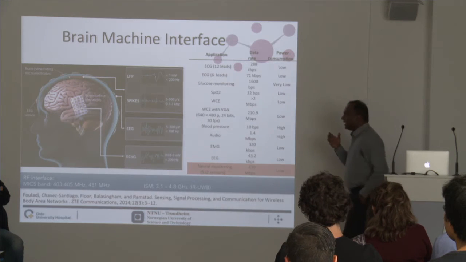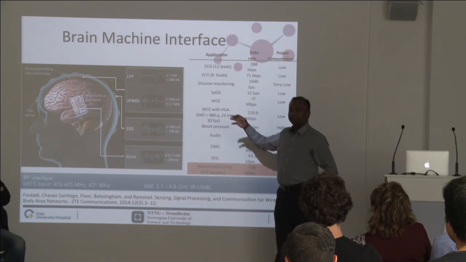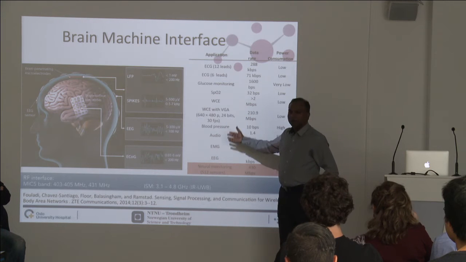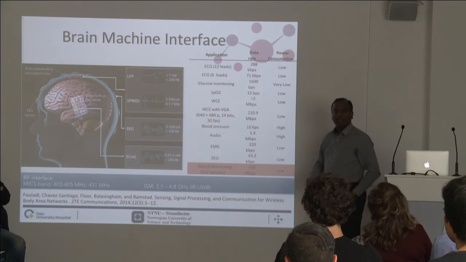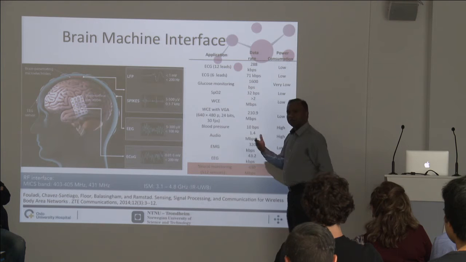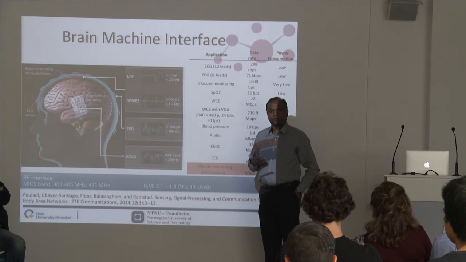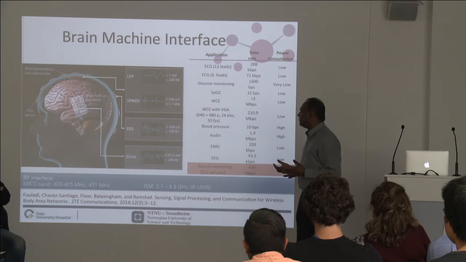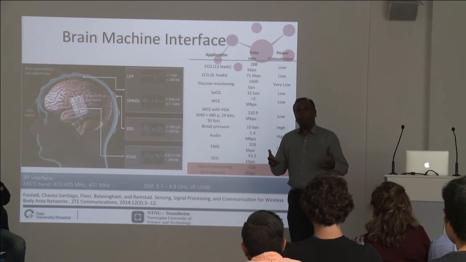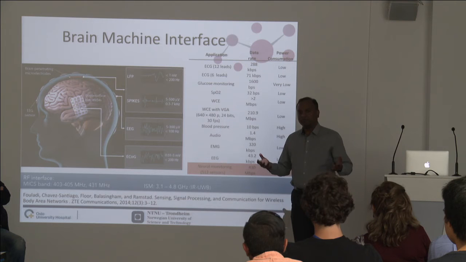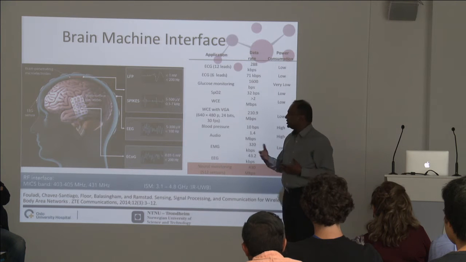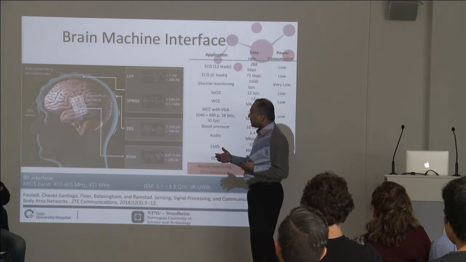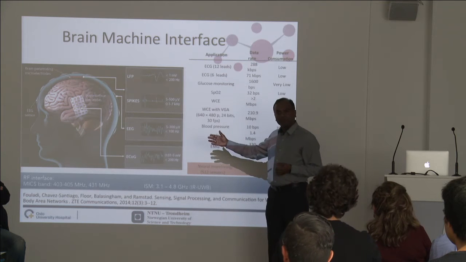And in this concept, something very well known called brain-machine interface, people are interested in having these types of devices so that you could target several applications, everything from Parkinson's, paralysis, to maybe Alzheimer's, and how this could be useful in that context.